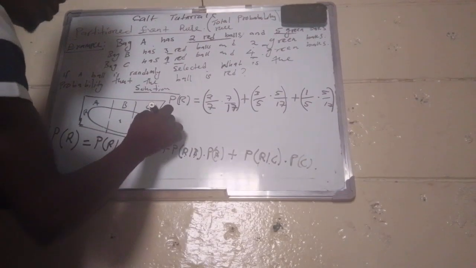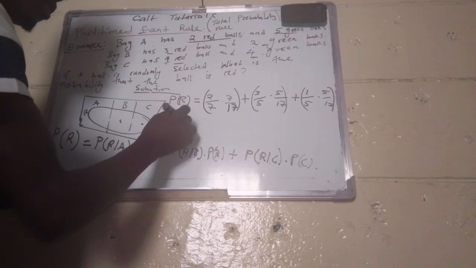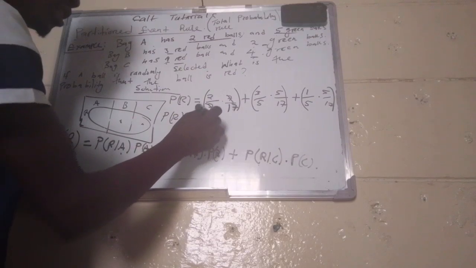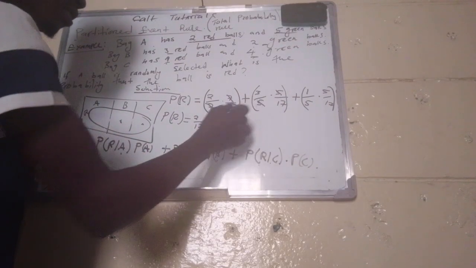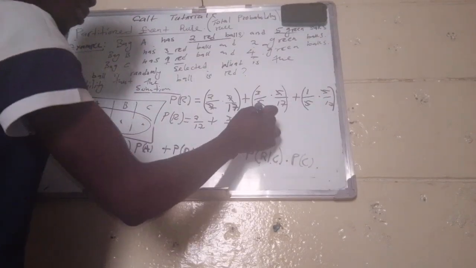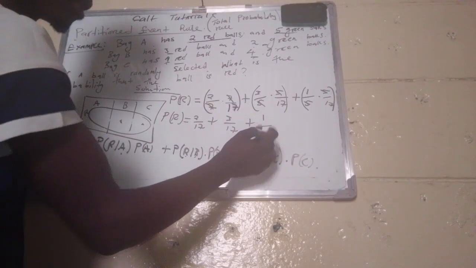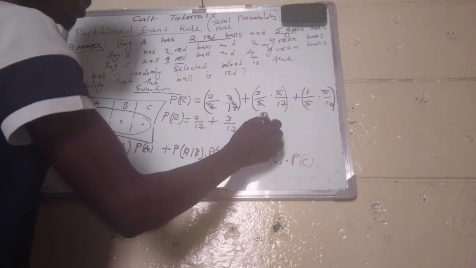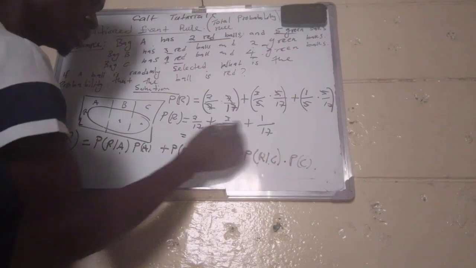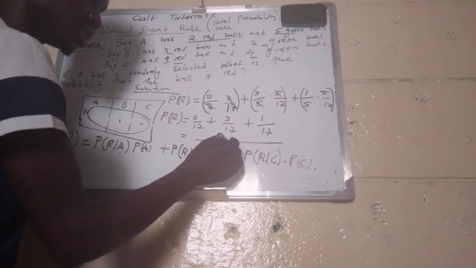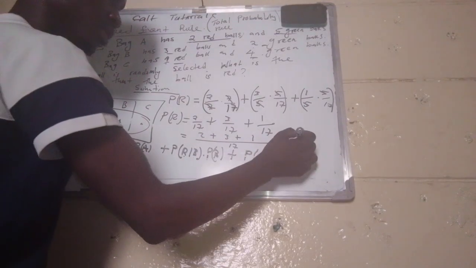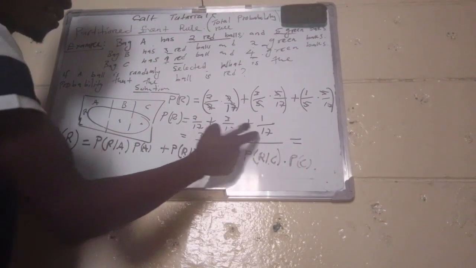So the total probability of red will be equal to this, which is 2 over 17, plus this, which is 3 over 17, plus this, which is, sorry, not 5, but 1 over 17. So what is the total probability? This is the same common denominator, which is 17. 2 plus 3 plus 1, which is 5, 5 plus 1, 6.